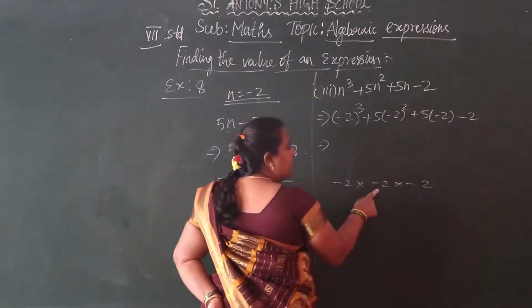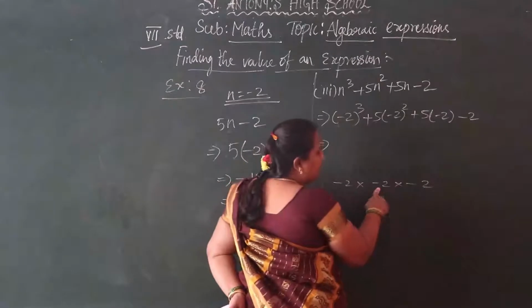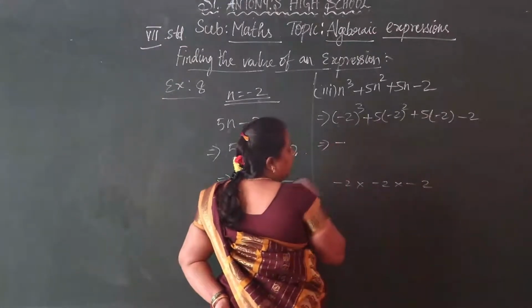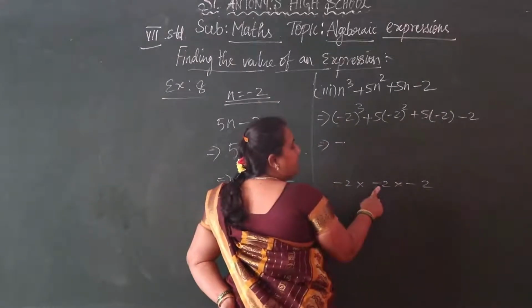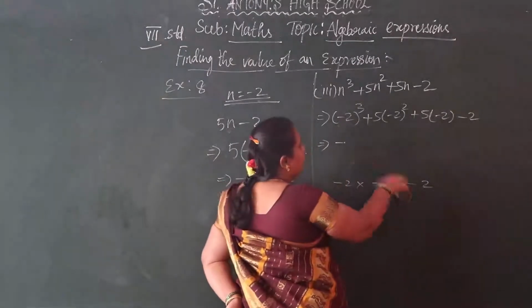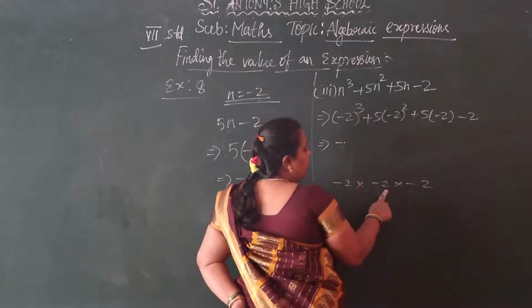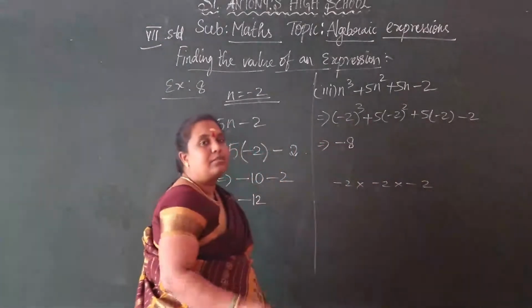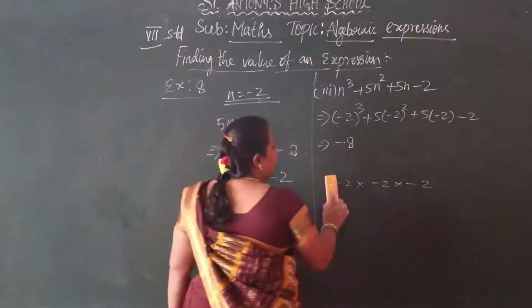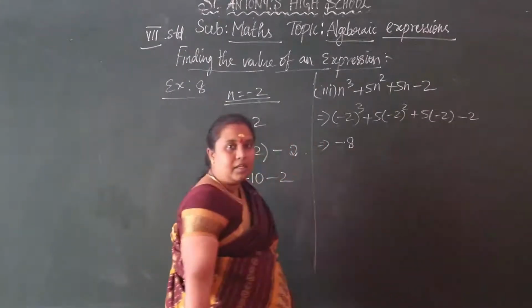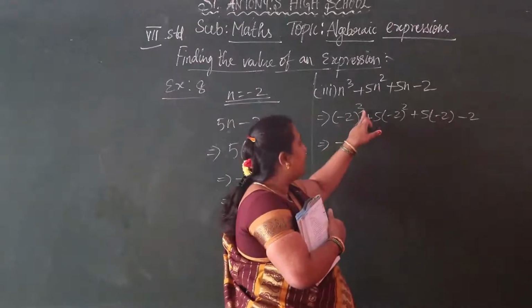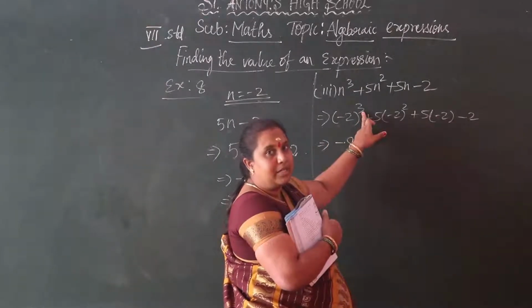See, minus into minus plus, minus plus into minus minus. So here we have to write minus. See, minus into minus plus, plus into minus minus. So minus. Then 2 2s are 4, 4 2s are 8. Okay, so you have to do like that. Okay, so if your minus symbol is there, okay, so you have the exponent in odd numbers.